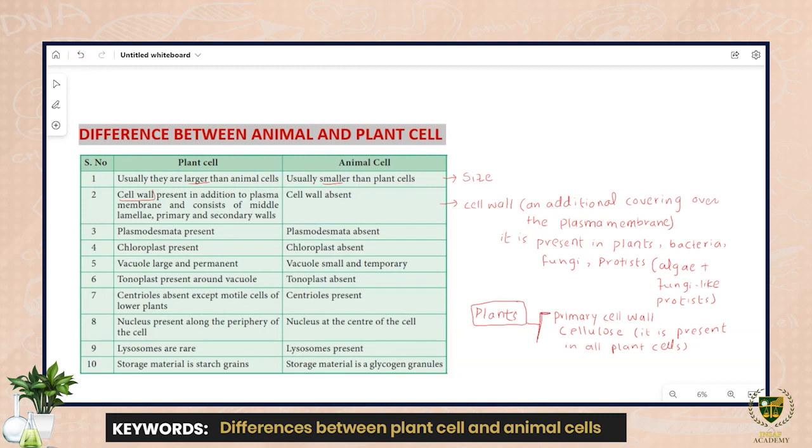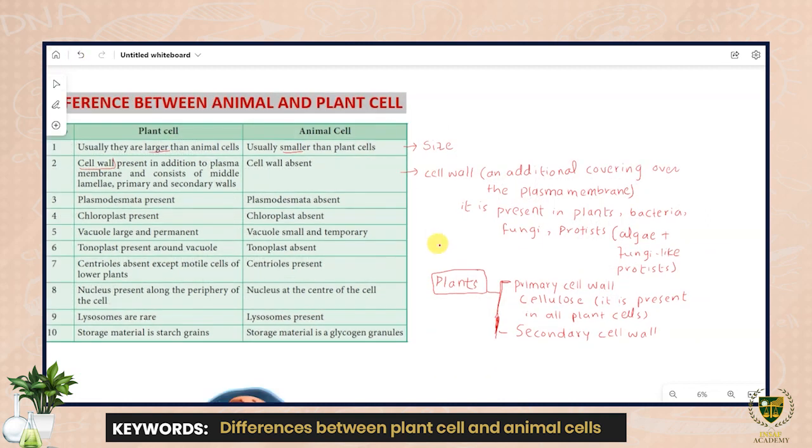Then the inner to the primary cell wall is the secondary cell wall. We are just talking about the plants.